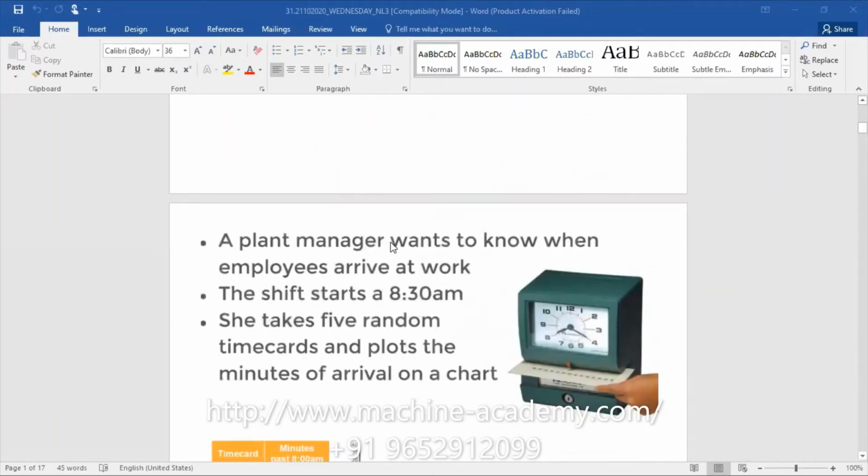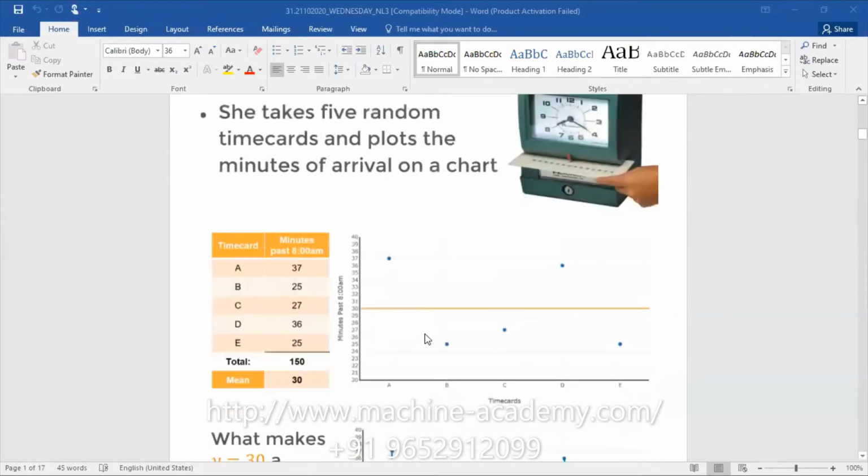A plant manager wants to know when employees arrive at work. The shift starts at 8:30 a.m. She takes 5 random cards and plots the minutes of arrival on a card. They have taken 5 random observations.